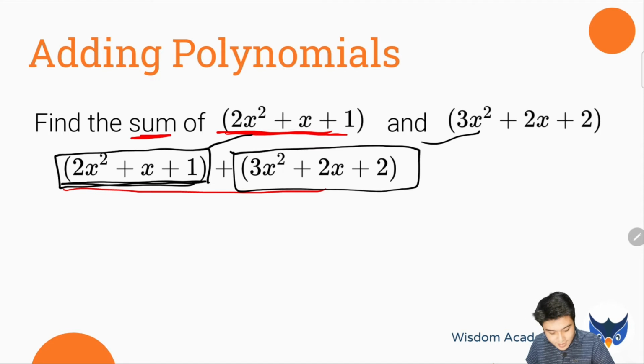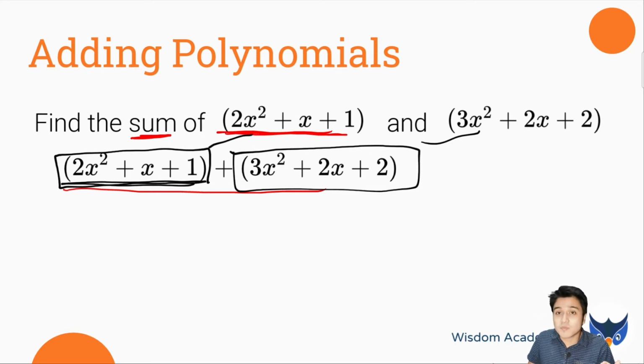I-add daw natin sila. So, again, we use the concept of like terms and we use the properties of addition na discuss natin before. Kanina lang, no? So, in this case, let's recall, yung pangalawang property na discuss natin kanina, ano yun? Ang discuss natin kanina ay yung associative property.